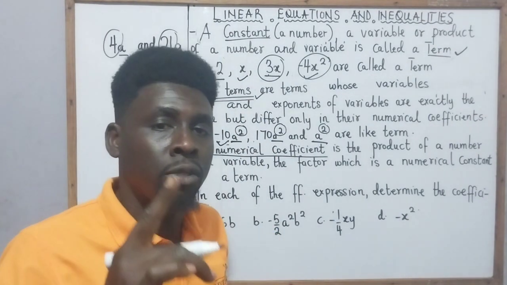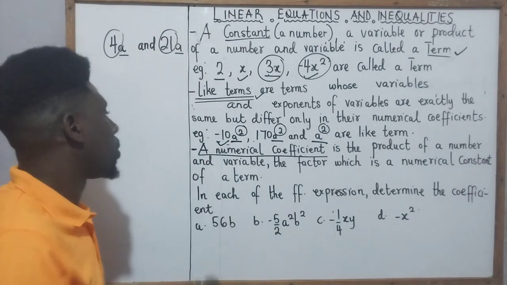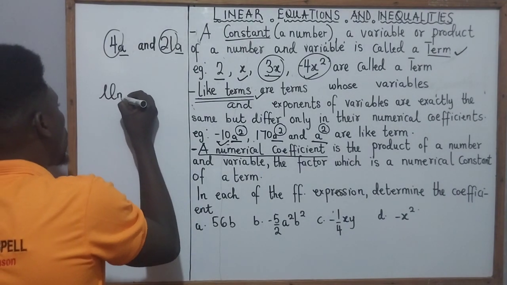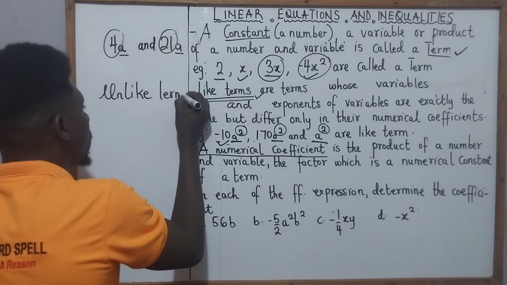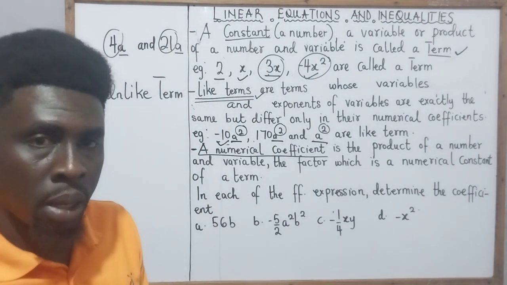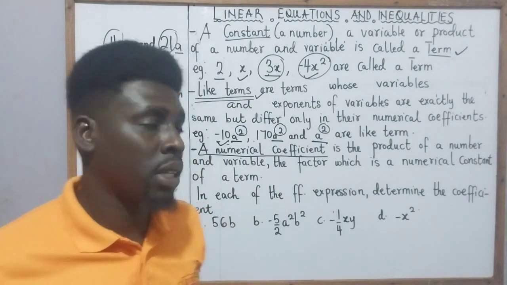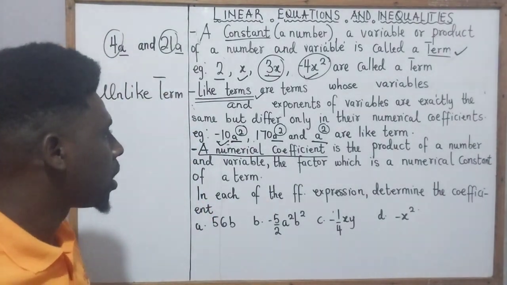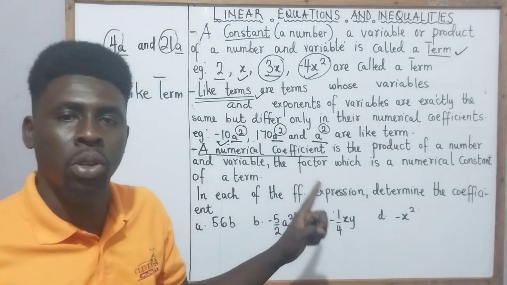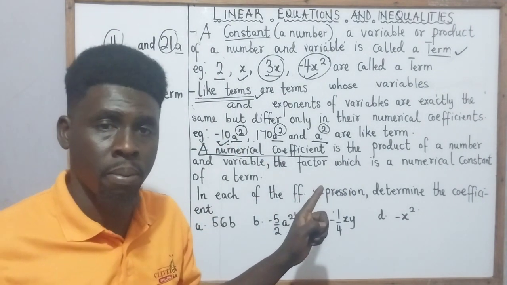Now, one thing you have to note is that we have what we call unlike terms. Unlike terms are the opposite of like terms, meaning that their variables and exponents are not the same.